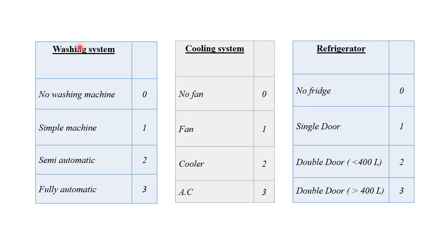Then washing system, no washing machine, simple machine. Simple machine means having only washer. Semi-automatic having washer and spinner. Then fully automatic machines, cooling systems, fan, cooler, AC, refrigerator, no, single door, or double door more than 400 liters.